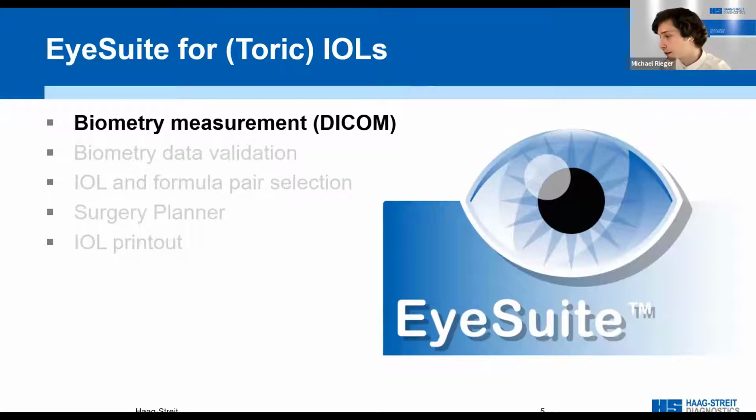Of course, you can ask questions if there are any. When it comes to the workflow, I just want to mention that our iSuite software flawlessly integrates in the existing IT environment. As such, one can trigger biometry measurements not only manually, also it is possible to trigger them via DICOM or similar.